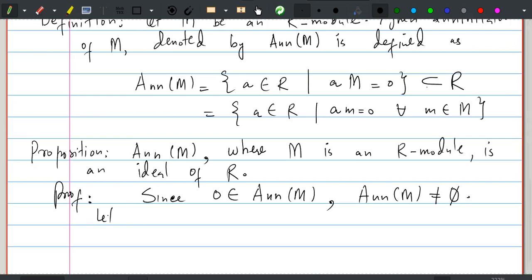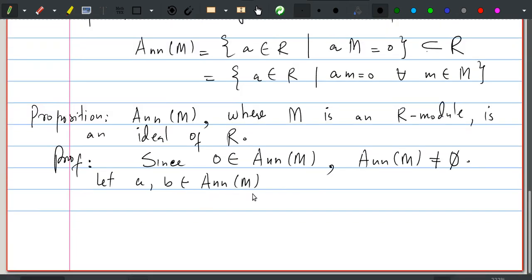Now let us take two elements a and b in this set. We have to prove their sum is also in this set.